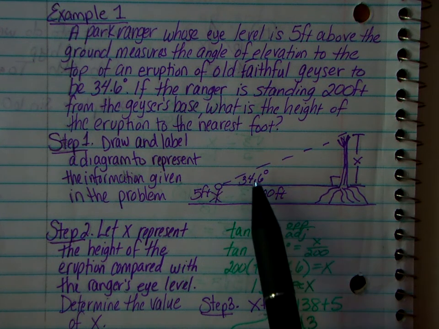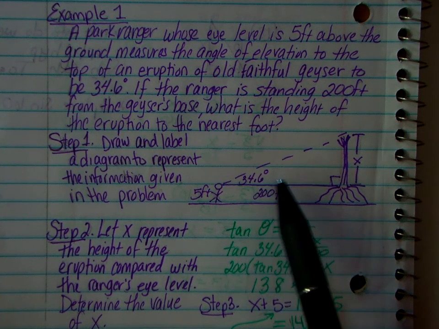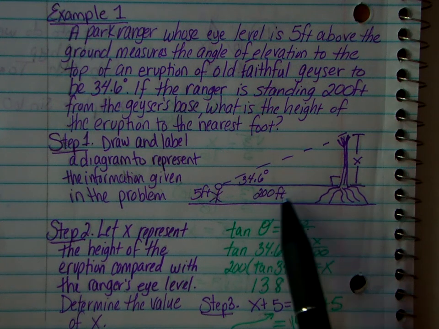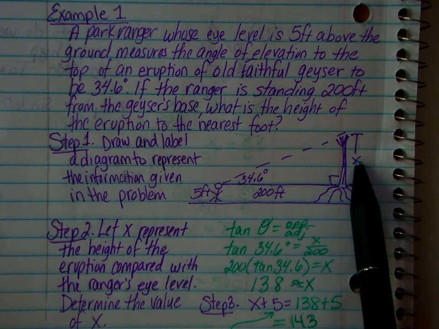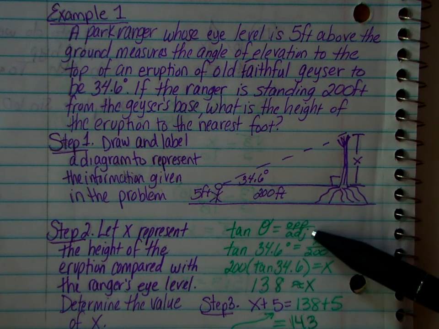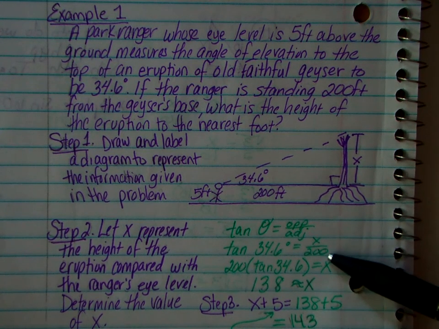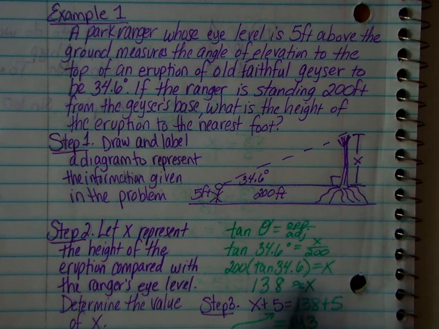So if I stand here at my theta, 34.6, look at what you have. Okay, you have an adjacent, which is 200, and you have the opposite, what you're looking for is x. So I'm going to do tangent. Okay, so that's opposite over adjacent. So I get x over 200. Okay, so when I solve for x, I get x alone. I'm going to multiply both sides by 200.